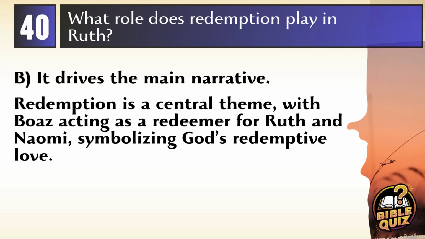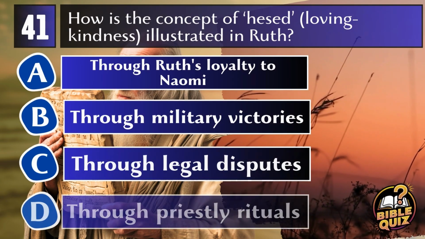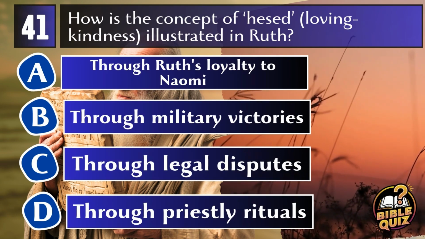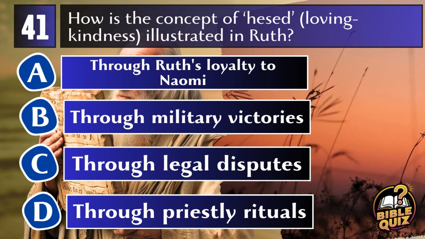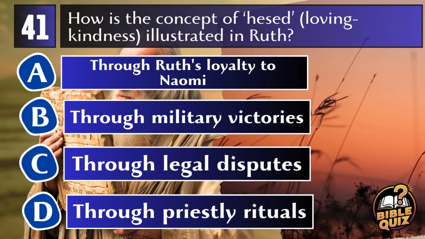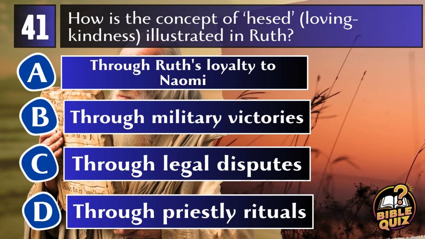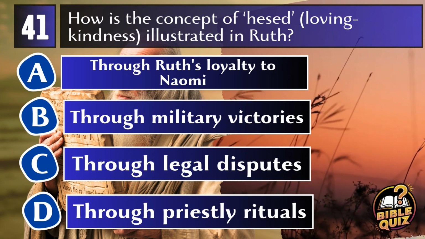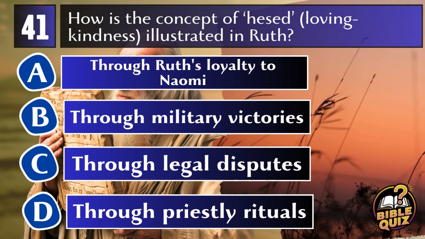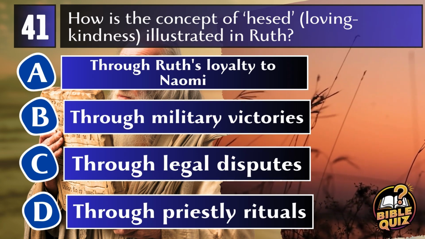Redemption is a central theme in the Book of Ruth, driving the main narrative through Boaz's role as the kinsman-redeemer for Ruth and Naomi, symbolizing God's redemptive love for his people. Question 41. How is the concept of hesed, loving kindness, illustrated in Ruth? A. Through Ruth's loyalty to Naomi. B. Through military victories. C. Through legal disputes. D. Through priestly rituals.